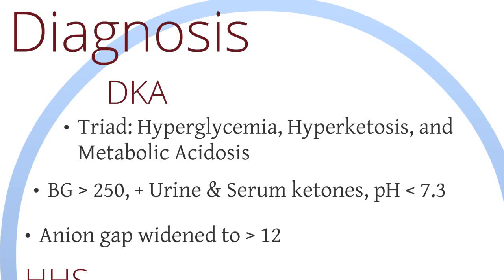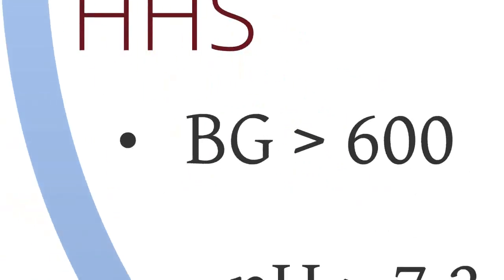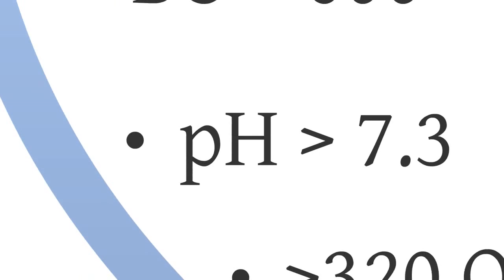Now, let's discuss how to diagnose HHS. Remember the features of DKA, because you can use them to compare and contrast to HHS to help you differentiate between these two syndromes. First off, in HHS, blood glucoses usually range greater than 600. You'll actually see them around 800 to 900. DKA does not range that high.